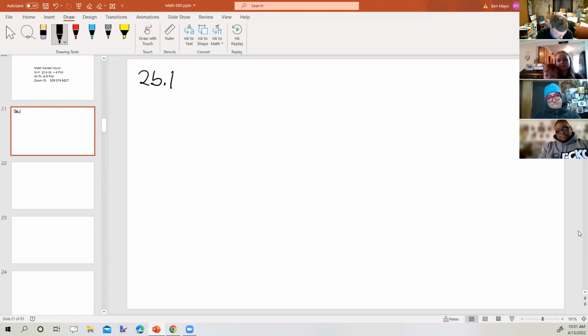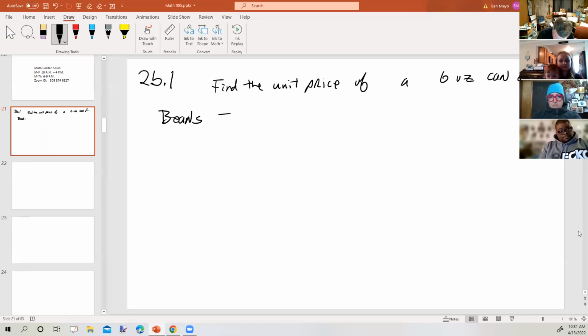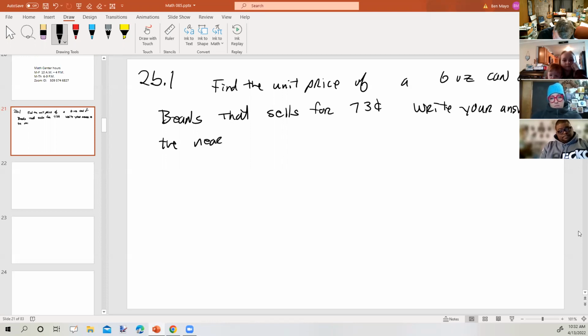The first question says, find the unit price of a 6-ounce can of beans that sells for 73 cents and write your answer to the nearest tenth of a cent.